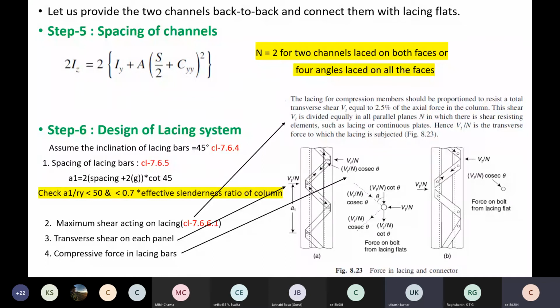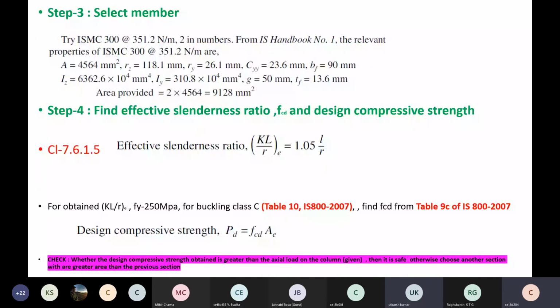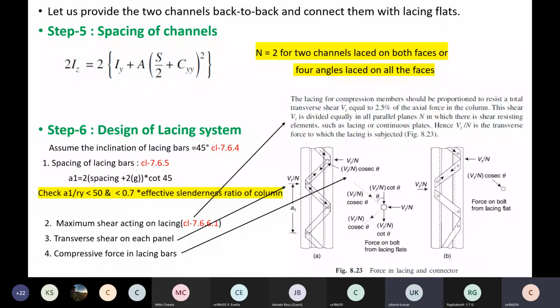Can you once again show the properties to see the RY? Okay. Okay.